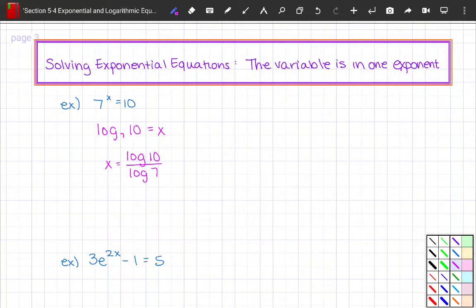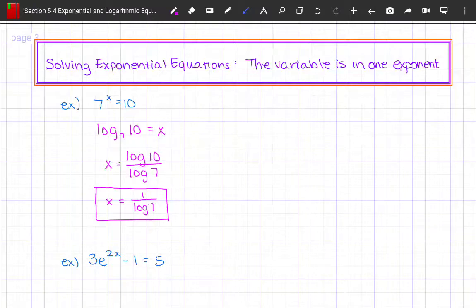And we know log base 10 of 10 is just 1. You get a nicer answer there. It wouldn't be wrong to use natural log when you use change of base, but in this case it's just a little nicer. So this is totally legitimate.